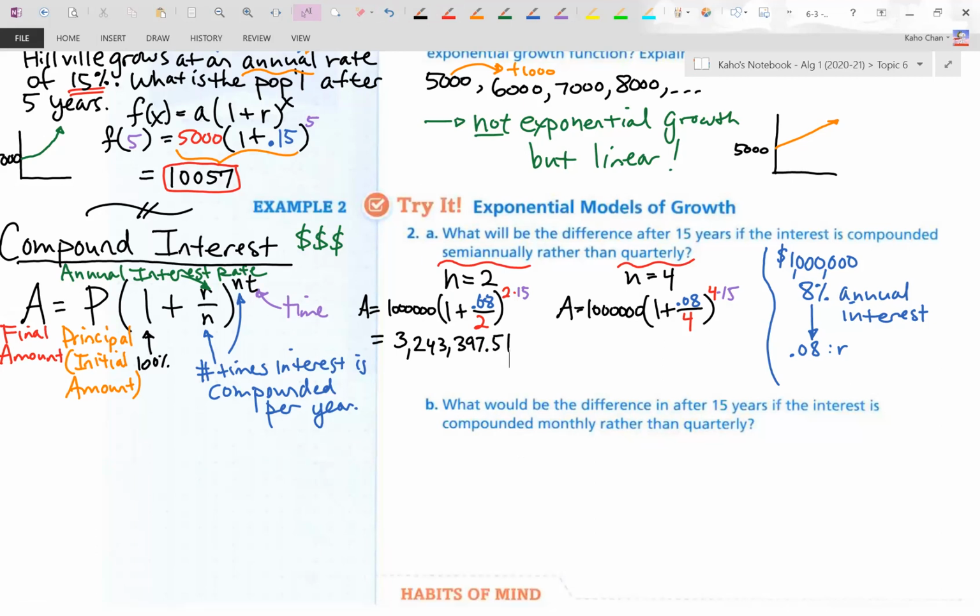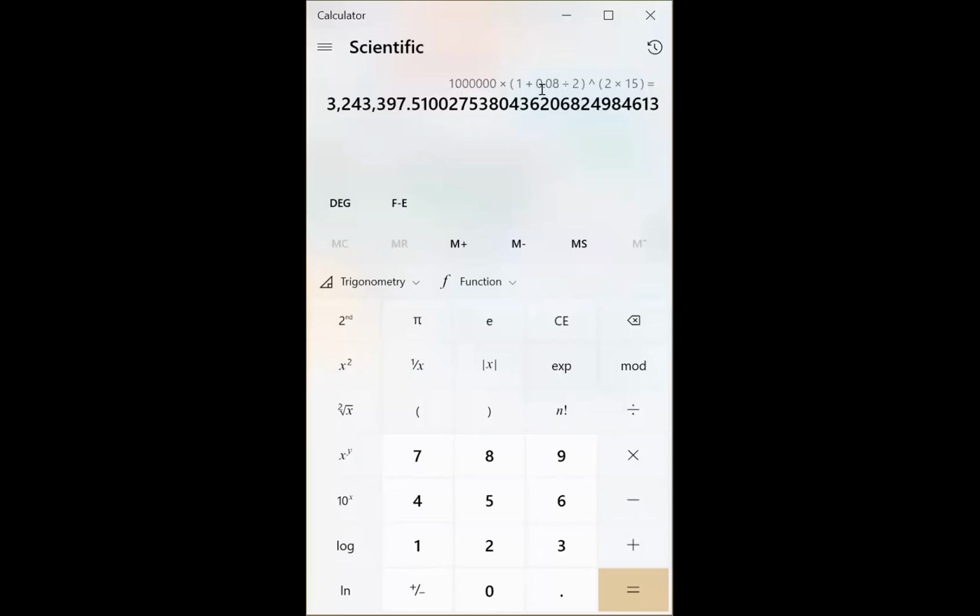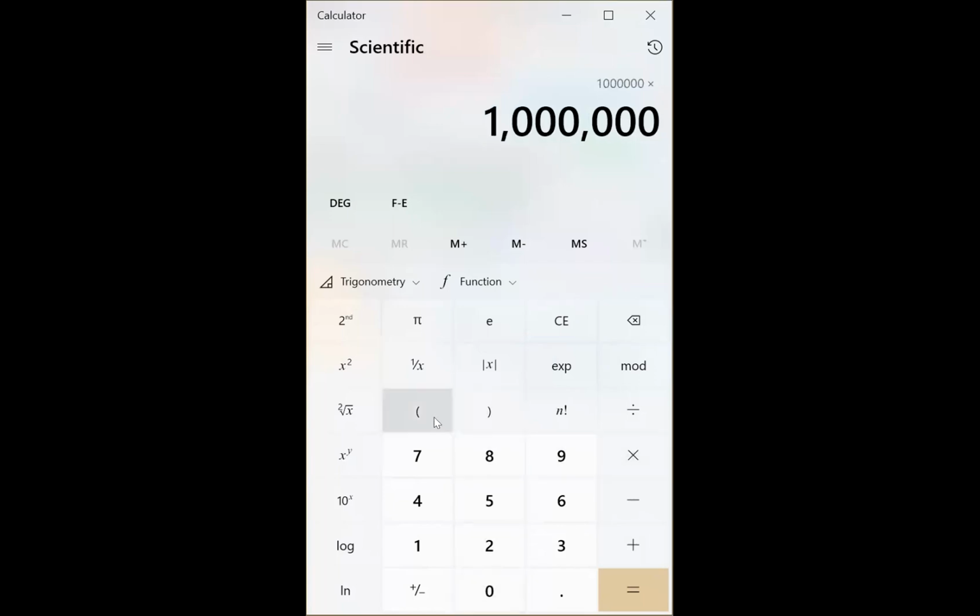What happens if we change the problem, make it divide by 4, for quarterly? Let's try that one. It's not a complicated calculator. I'll just have to type this in again, no big deal. But this time we divide by 4, and it's 4 times 15.